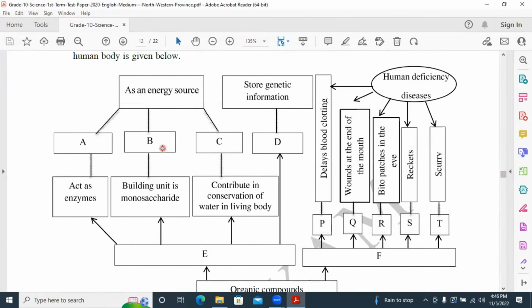We will see, acting as enzyme, A should be protein because they are acting as enzyme. And B, building unit is monosaccharide, so the answer is carbohydrates.